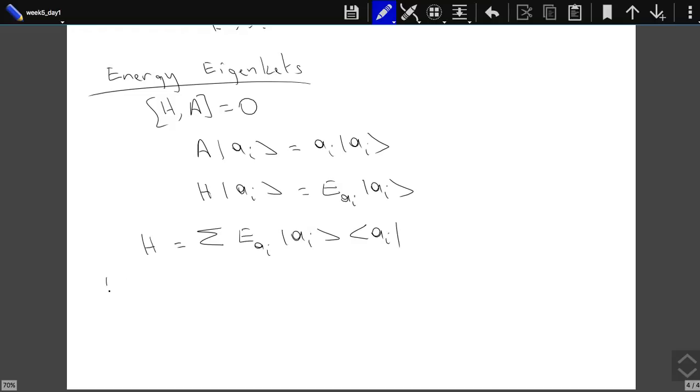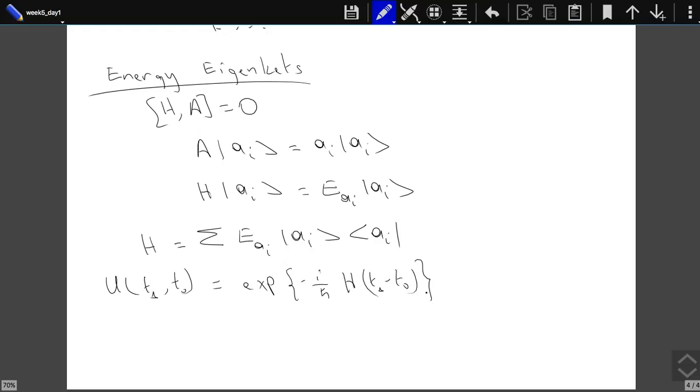Or if you want to find the time evolution operator from t0 to t0 plus delta t, or from t0 to t1, this was the exponential of minus i over h bar H times (t1 minus t0).